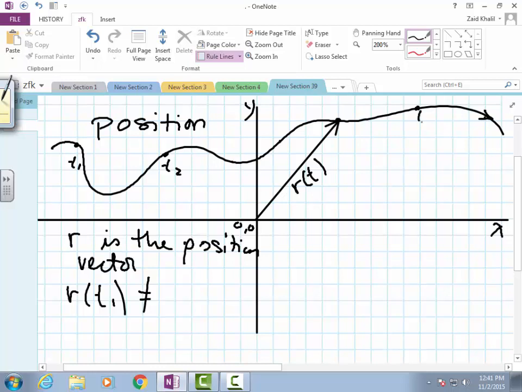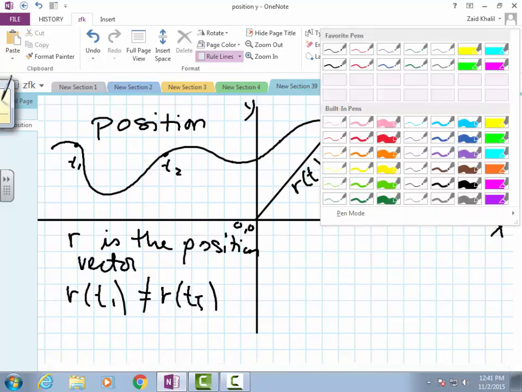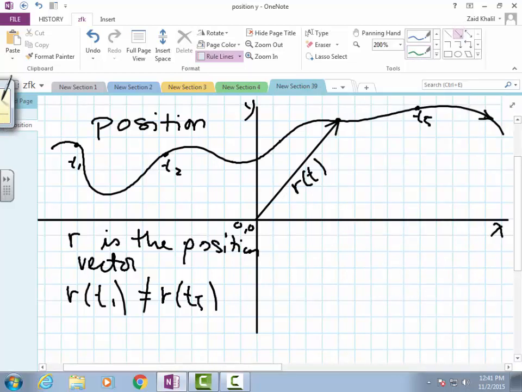Here's T5. They're just not the same position, right? They're in very different positions, in fact. R of T1 corresponds to this guy. That's R of T1. R of T5 corresponds to this guy.